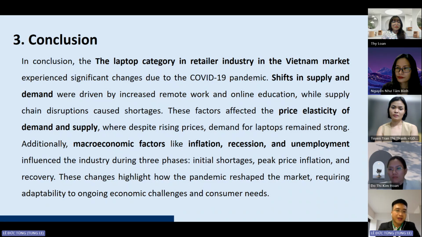Additionally, macroeconomic factors like inflation, recession, and employment influenced the industry during 3 phases: initial shortages, peak price inflation, and recovery. These changes highlight how the pandemic reshaped the markets, requiring adaptability to ongoing economic challenges and consumer needs.